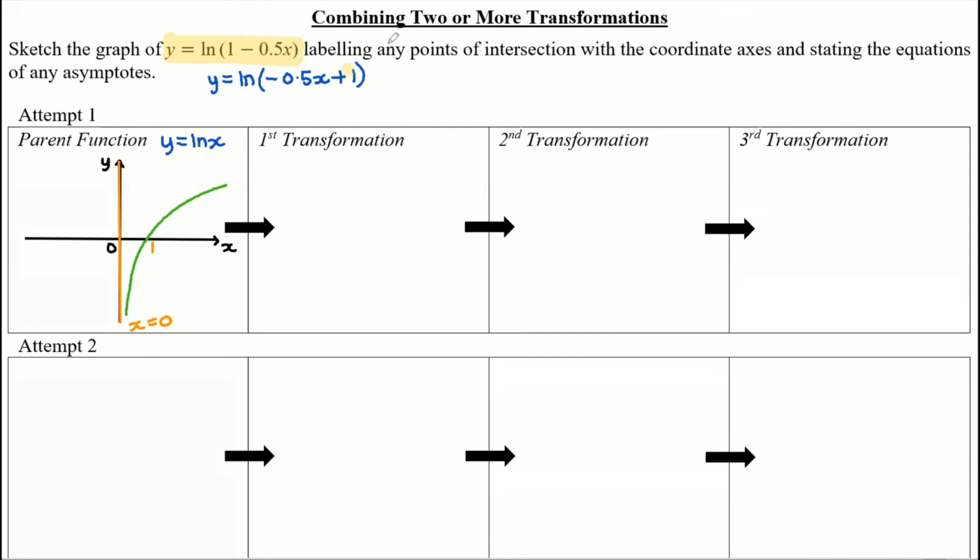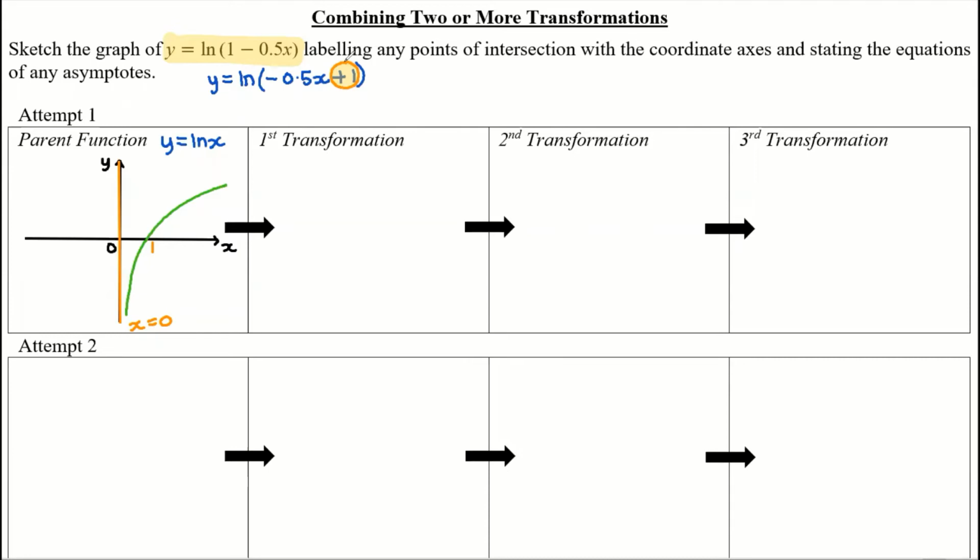And whatever's happening to the x, the fact that it's being multiplied by a negative and 0.5, just ignore that for the minute. What we're interested in is the fact that this minus 0.5x is having a 1 added to it.